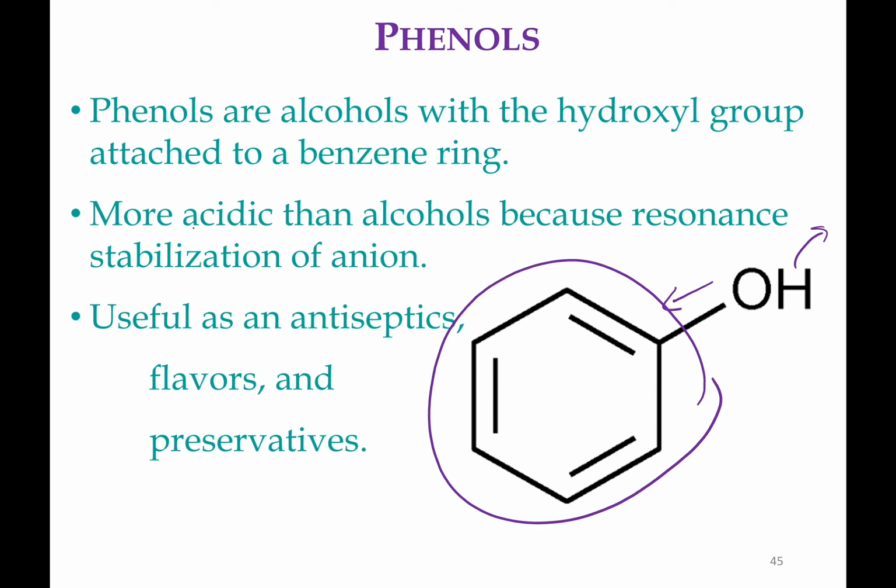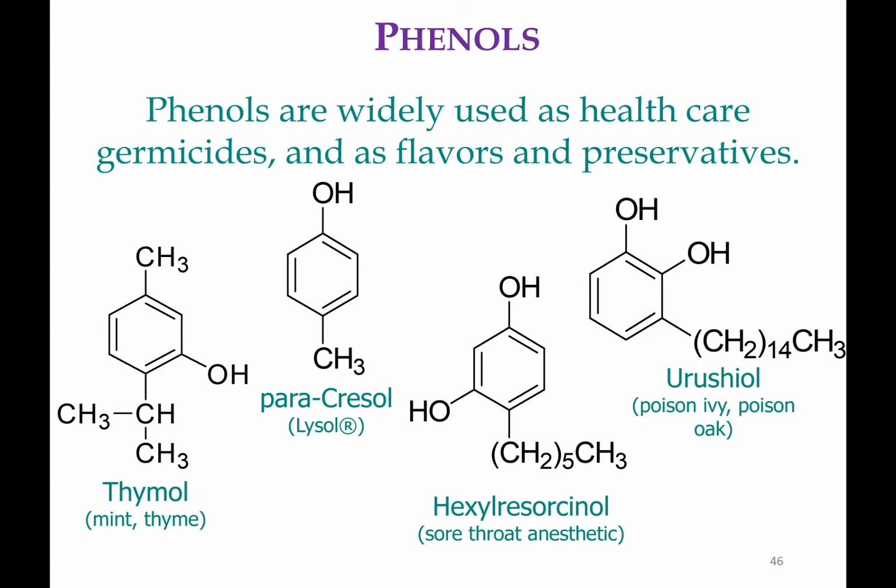They're going to be more acidic because they can have that resonance stabilization with the anion. These are also useful as antiseptics, flavorers, and preservatives. Phenols are used as germicides, flavors, and preservatives. We went over quite a few of them in the benzene and derivatives chapter.